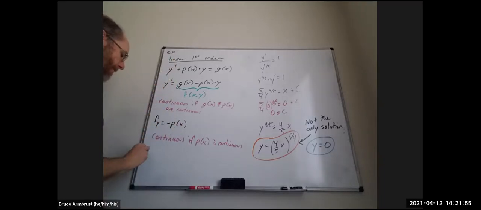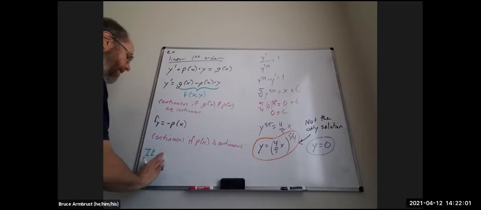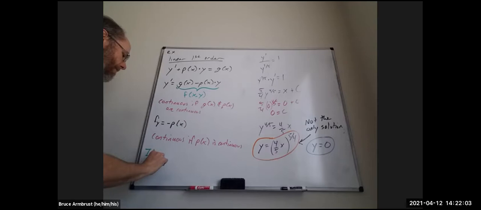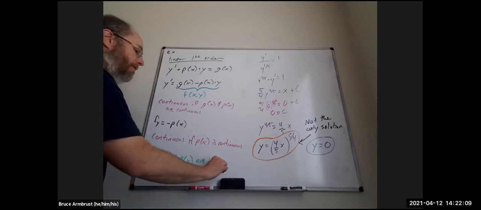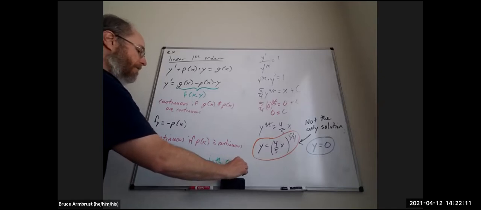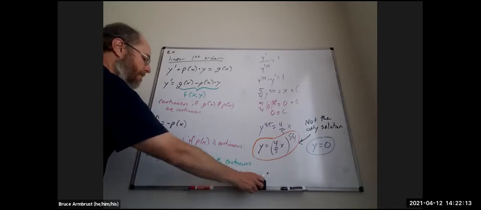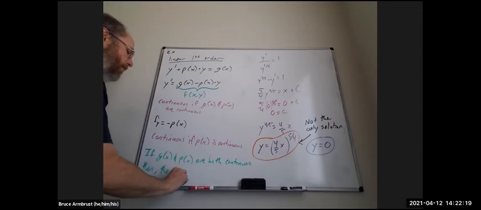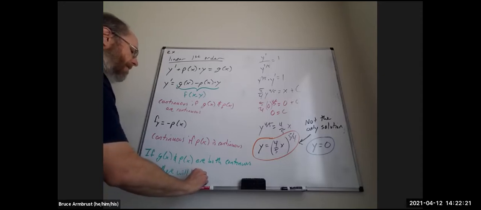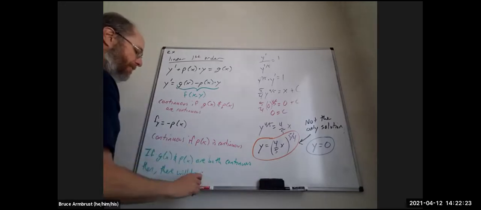For linear first order, if g of x and p of x are both continuous, then there will be a unique solution.